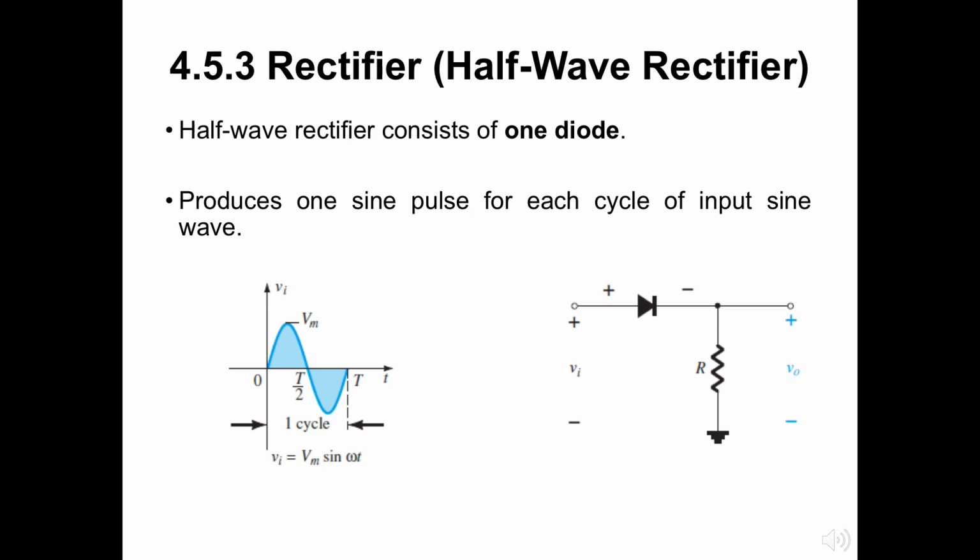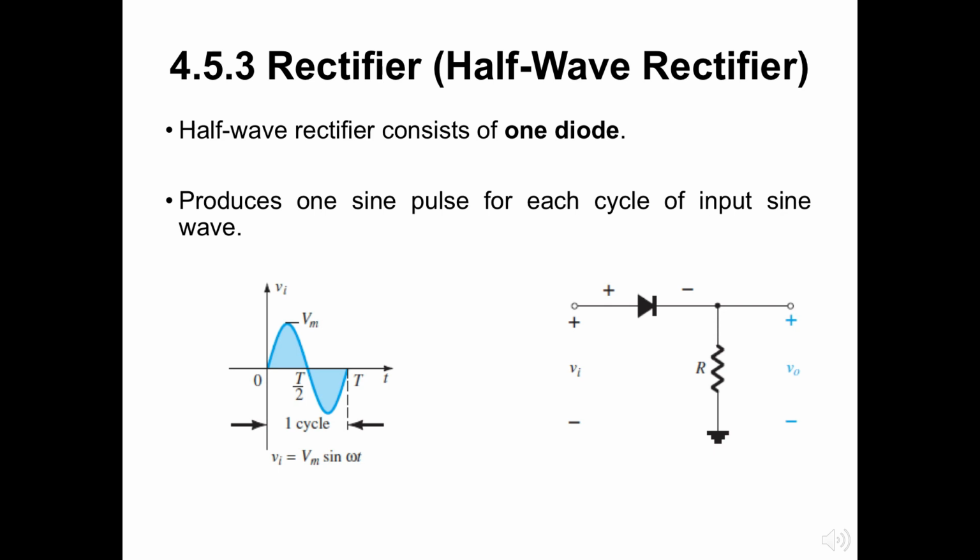A normal sine wave has a period of T for one cycle. As a sine wave, this input Vi is divided into two regions, positive and negative. A sine wave also can be described as Vm, the amplitude or maximum of Vi, multiplied by the sine function of angular frequency with time t.